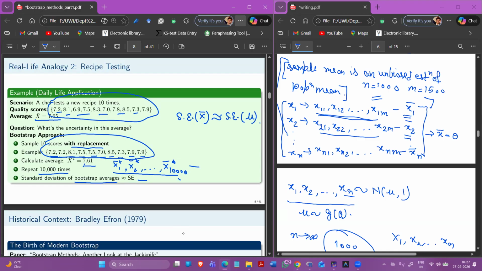Now you understand what we are trying to do in the bootstrap.